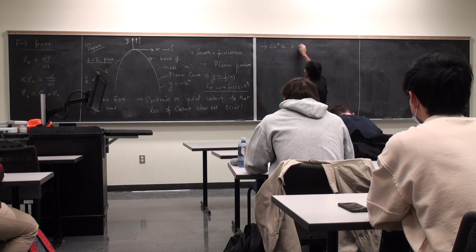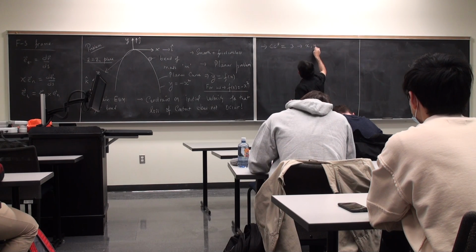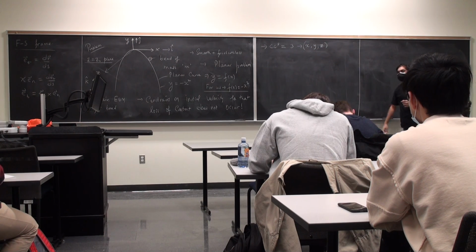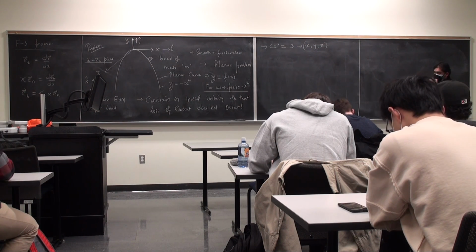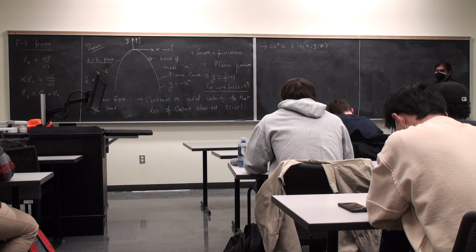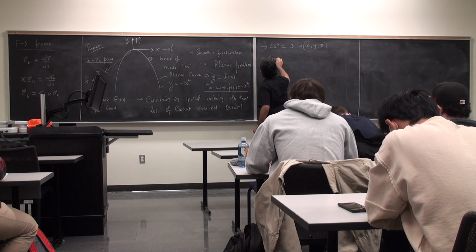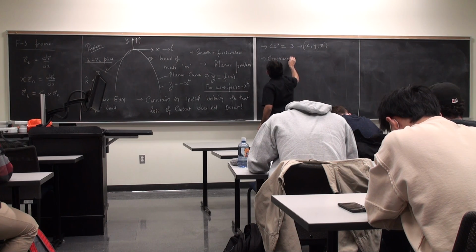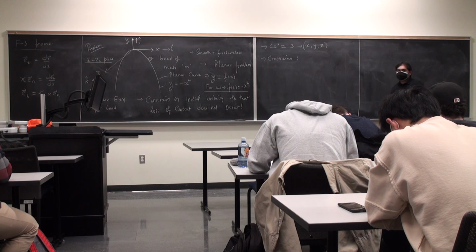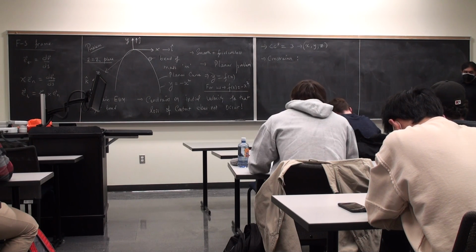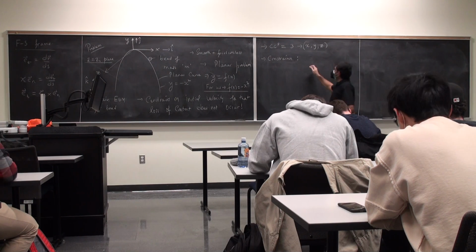So this is going to be some x, y, and z. What are the constraints? Planar problem. That's the first constraint. So z is equal to z naught.